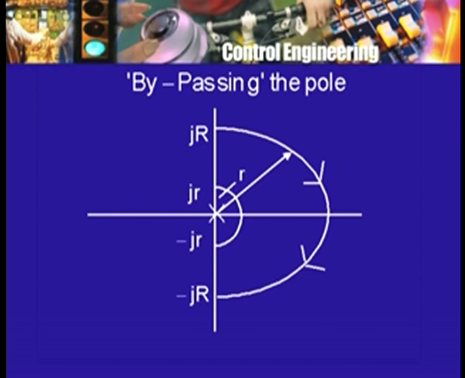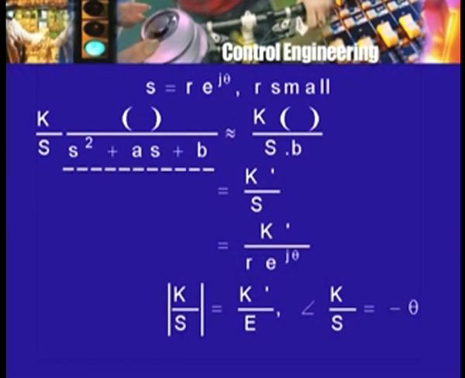On that semicircle, s is equal to r e raised to j theta, and once again we have to look at k divided by s into a constant divided by s squared plus as plus b for s given by r e raised to j theta, where r is small. Because of this, now in the quadratic I can ignore s squared, I can ignore as, and what remains is only the constant here, and of course there is a constant in the numerator.